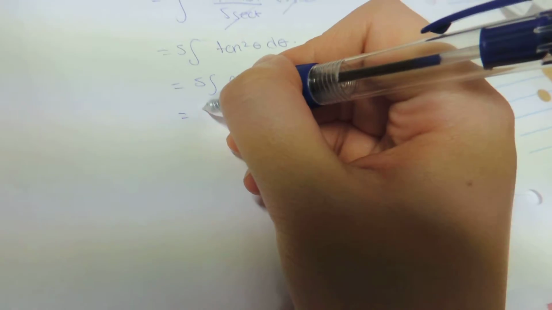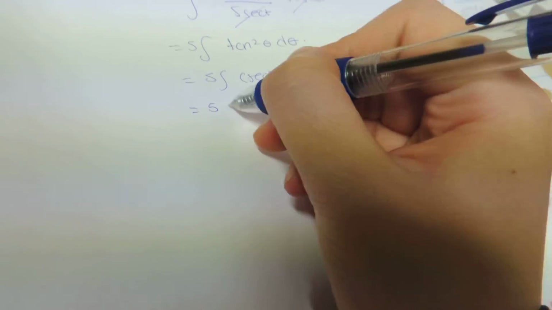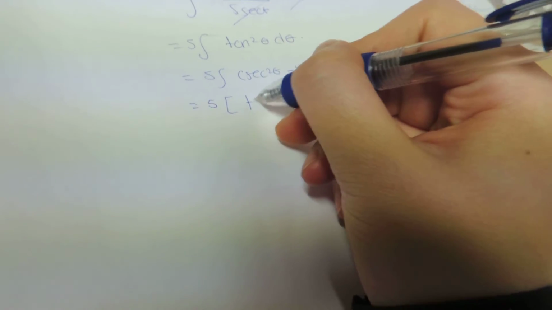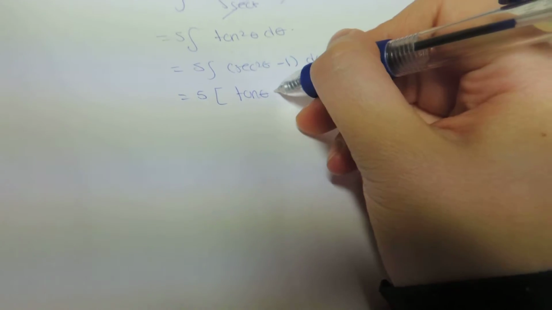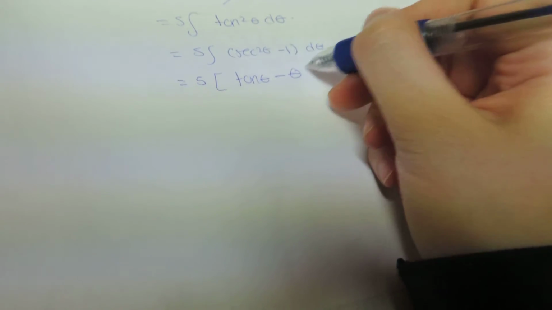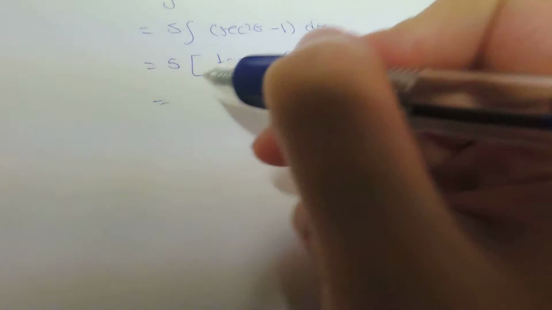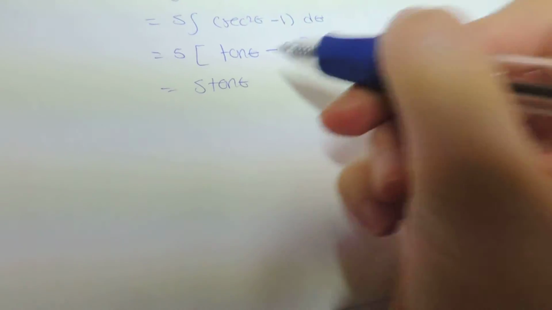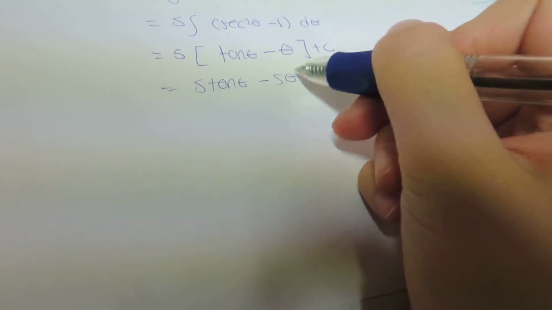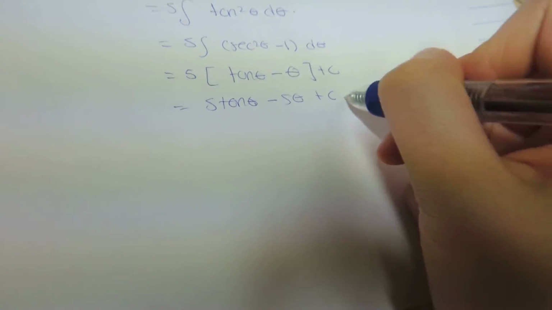So we can integrate this, and we can get that it is equal to 5 bracket tangent theta minus theta plus c. And we can expand this by saying it is 5 tangent theta minus 5 theta plus c.